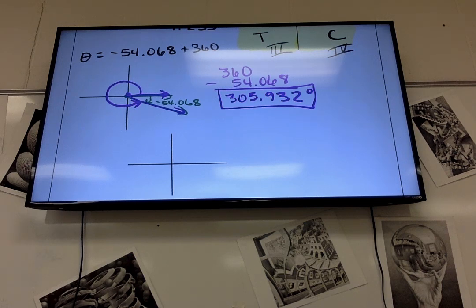All right. So that's in the fourth quadrant, sorry. I need one over here in the third quadrant. The reference angle is going to have to be the same. So that was 54.068. So how do I find that blue angle?